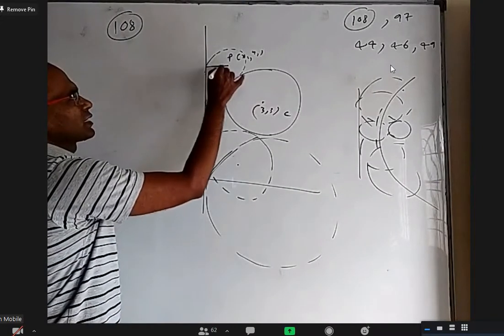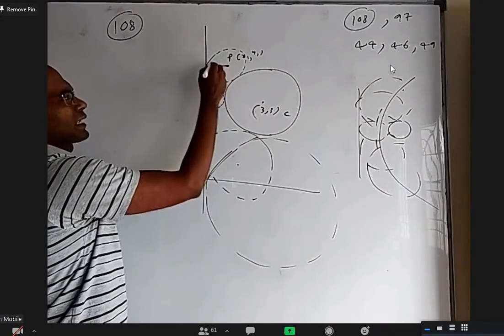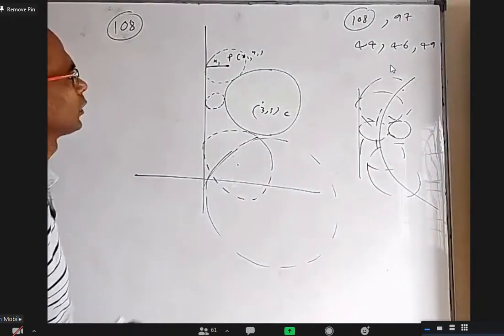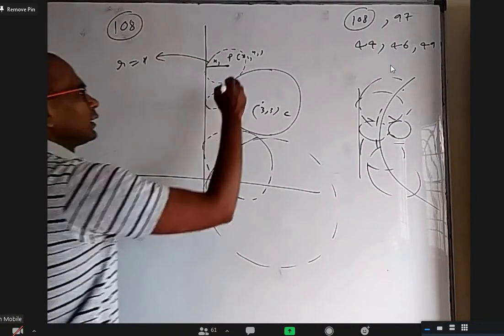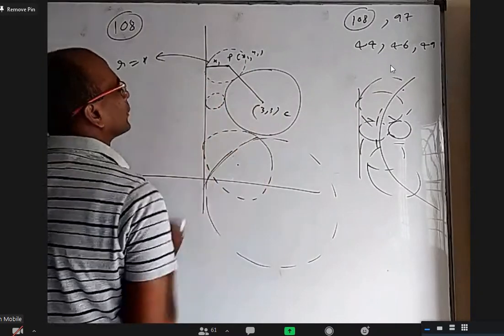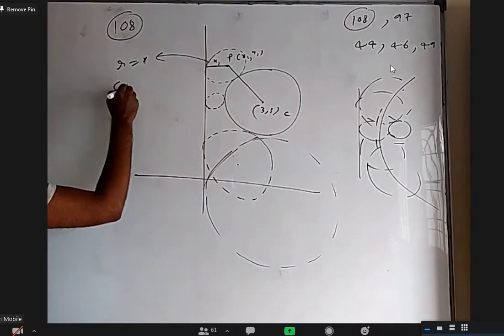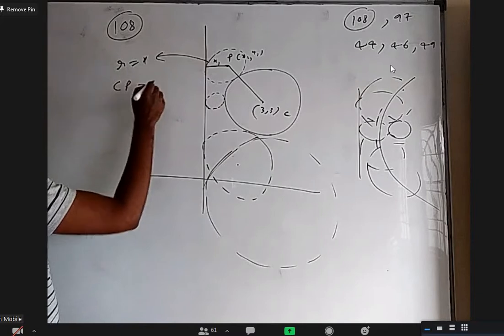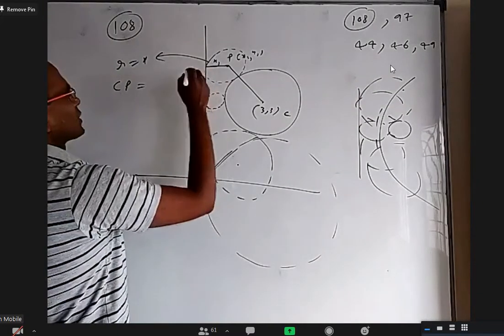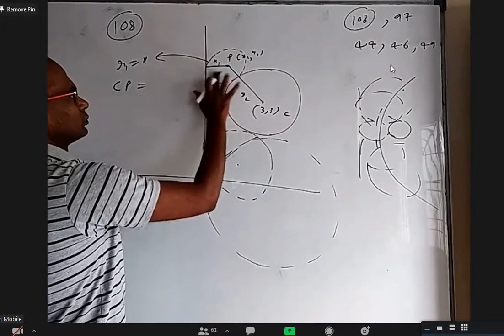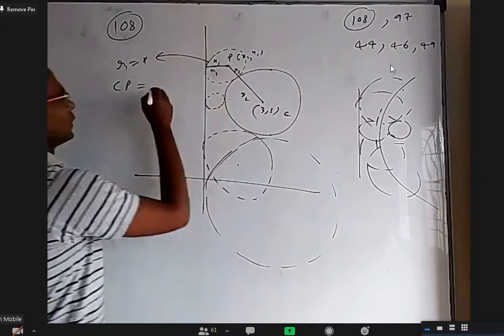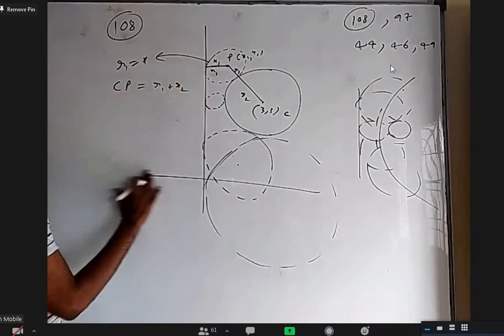From the figure, this radius is nothing but the x coordinate x1, so the radius is x1. Distance between the centers should be R1 plus R2. I can call this R1 and this R2.